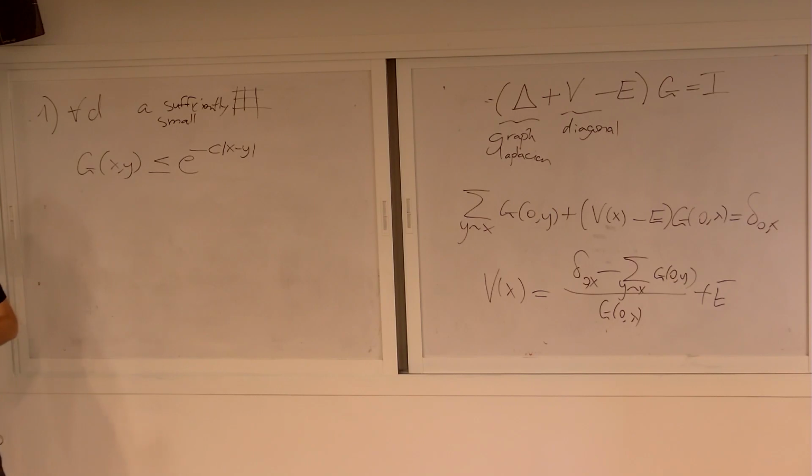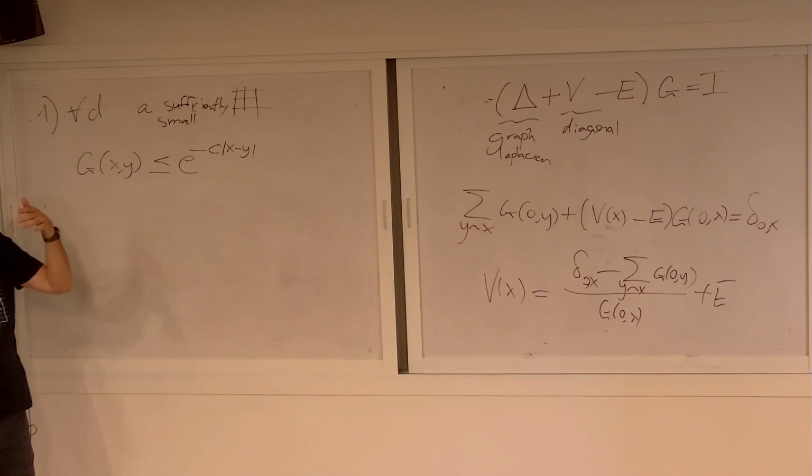And again, this is the probability to come from x to y, or if you want, you can define it in various ways, but the expected number of visits to y when you start from x. So in particular, it's finite, and it decays exponentially.